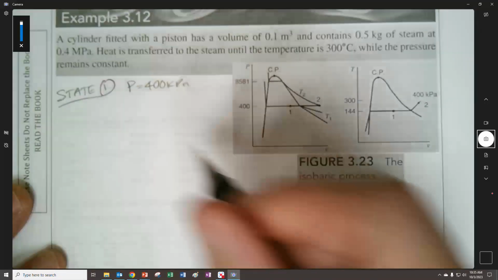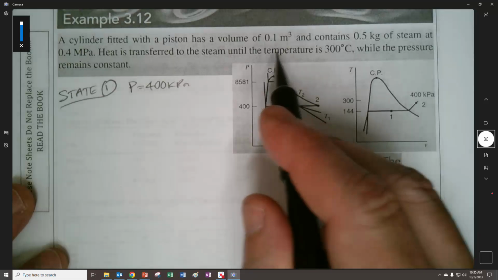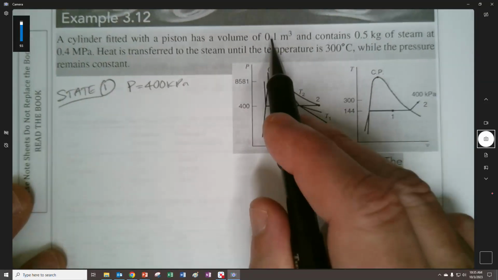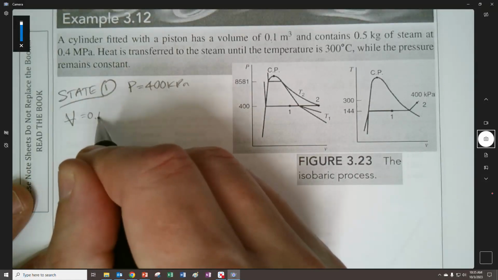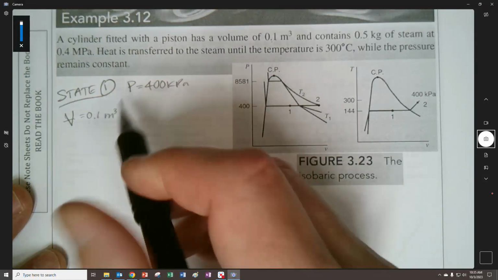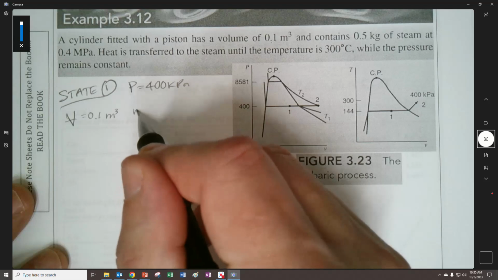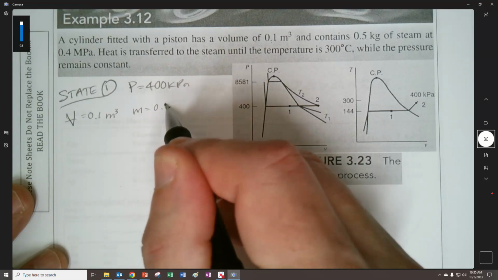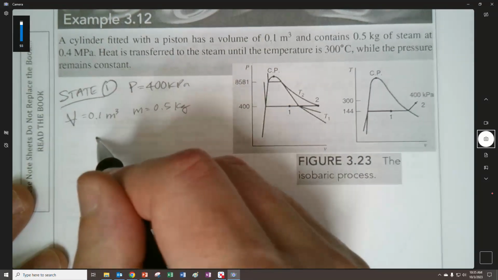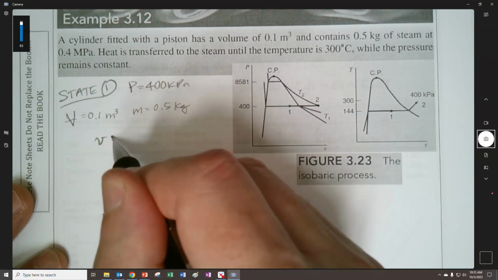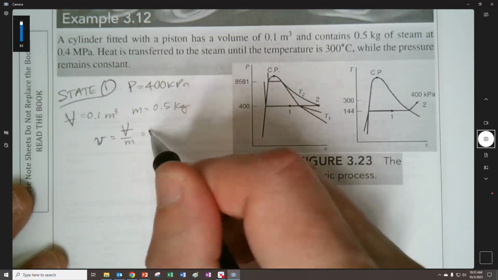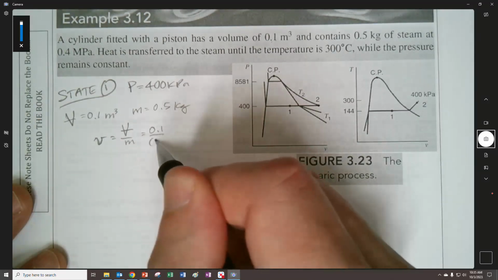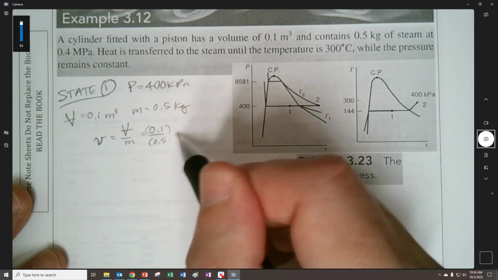They didn't tell us the temperature, but they did tell us that the volume was 0.1 cubic meters and the mass was 0.5 kilograms. Therefore, we could take the volume divided by the mass, or 0.1 divided by 0.5, which should be 0.2, right?